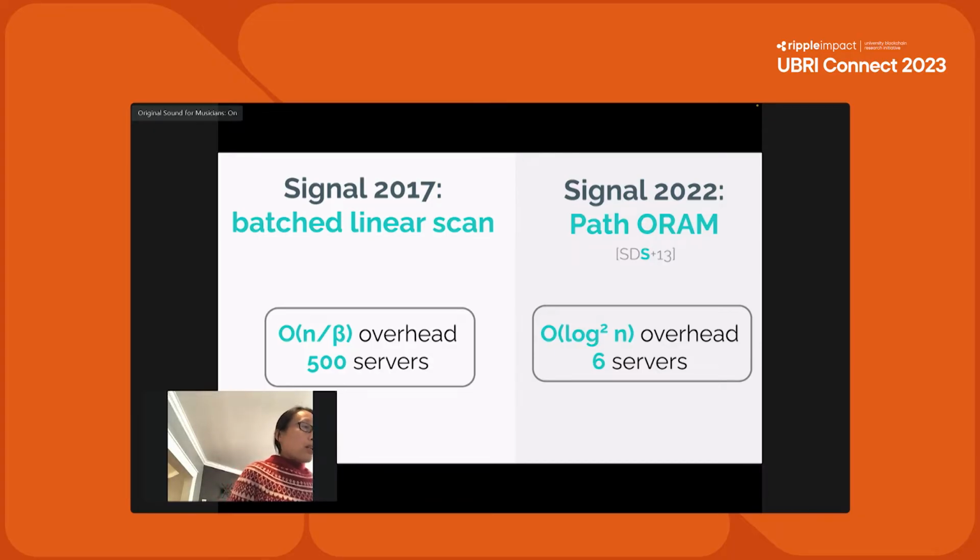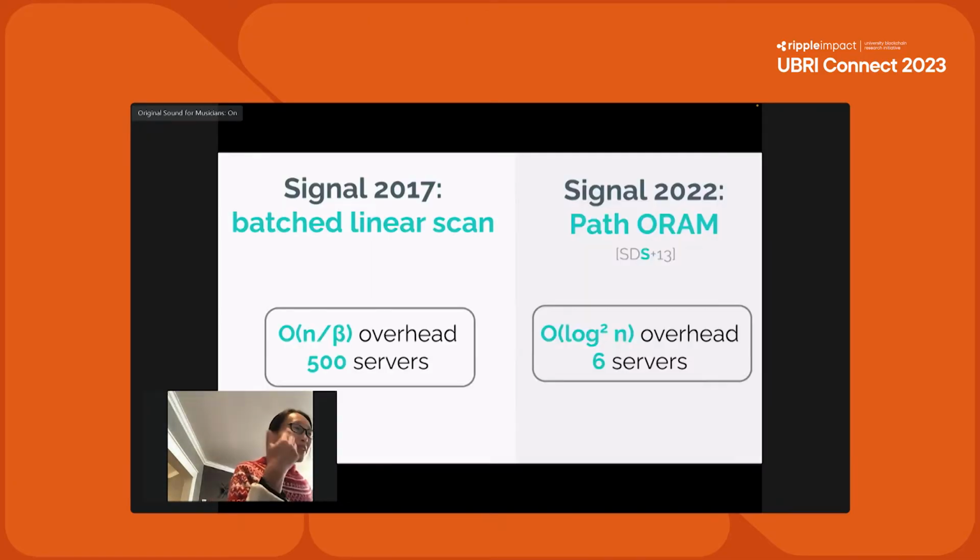Even though the overhead looks like log squared, in practice you really observe just log overhead, because the two logs have different bases, and one of them has a large base, so that log is just like 2 or 3 in practice. After they implemented and deployed Path ORAM, they were able to cut down to 6 servers. So this saved them 100x server cost.